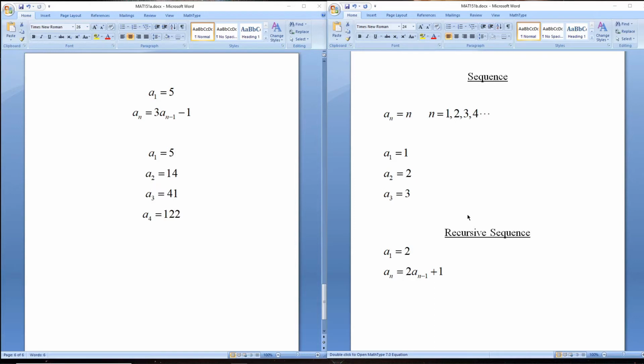So if I want to do an analysis on our class, I would have to use something more along the line of a sequence, because a sequence uses integer inputs. And if I'm going to talk about the number of students in our class, that is an integer number of people. You can't have 1.3 people. So when you're analyzing things that are discrete in nature, that's when sequences will come into play.